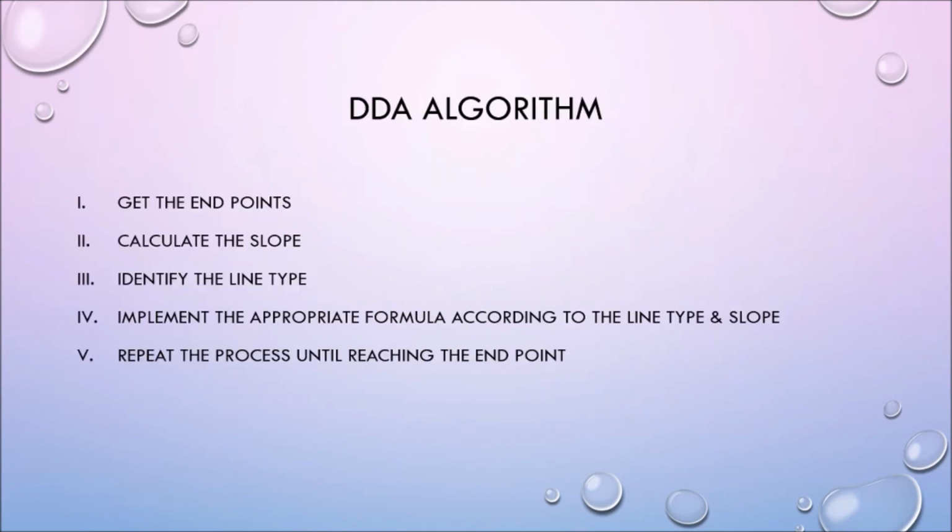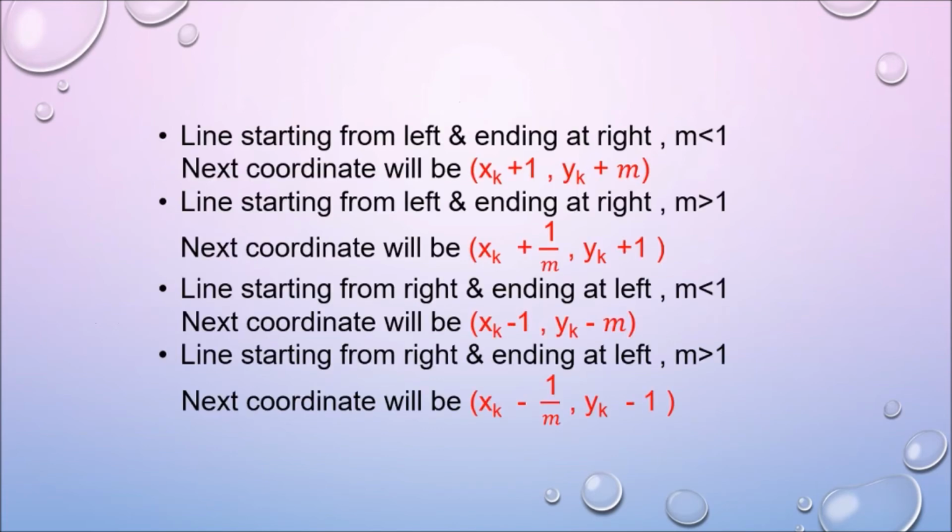Now let's see all steps in DDA algorithm, so it will be easy to understand it fully. First of all, we need to get the endpoints in order to calculate the slope. After calculating the value of slope, we need to identify the line type. We can have one of these four situations.